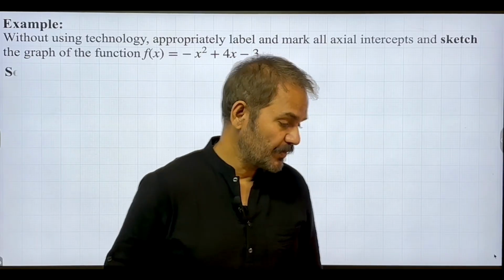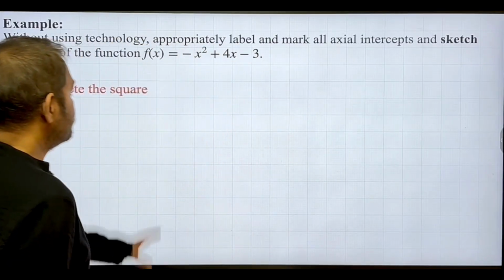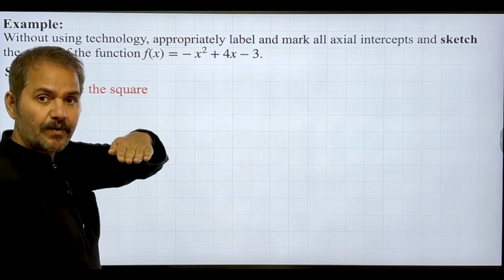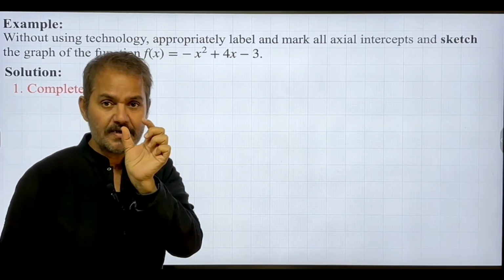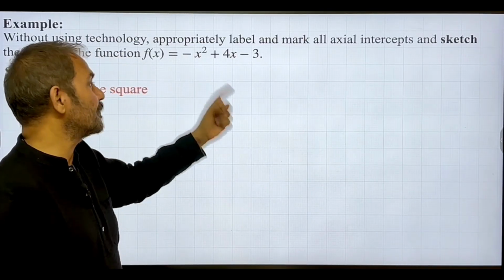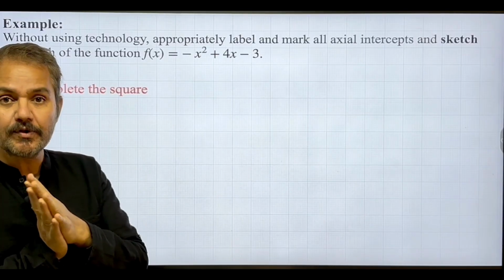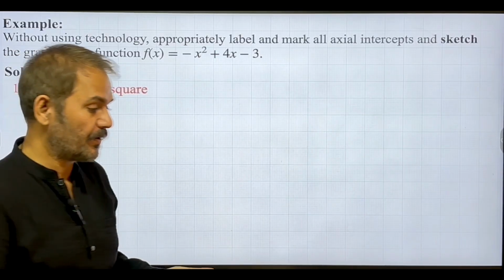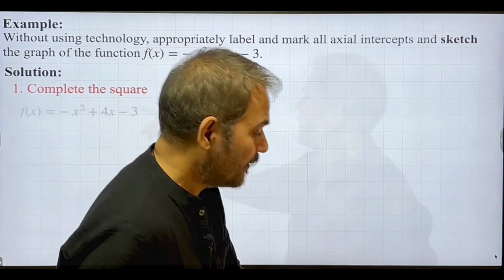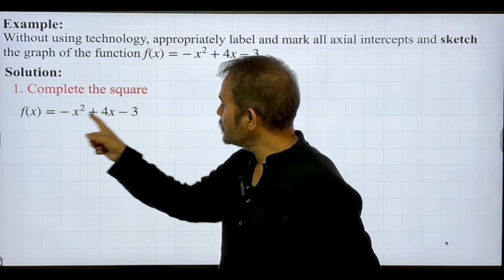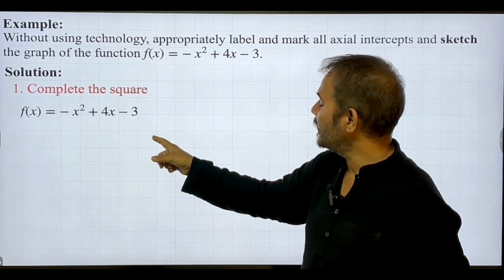Number one, let's start. In y is equal to x squared, there is only one term in x. Here we have two terms in x, so we have to combine these two, and the best way to do this is to complete the square. So f(x) is equal to negative x squared plus 4x minus 3.